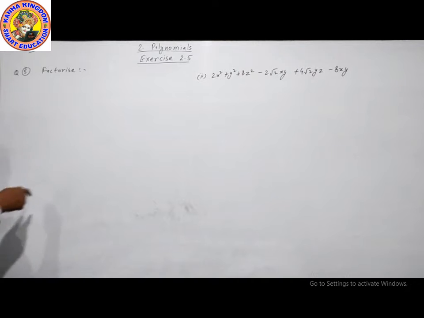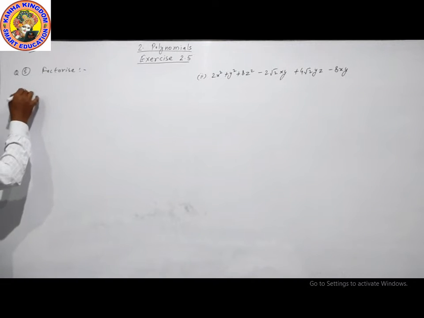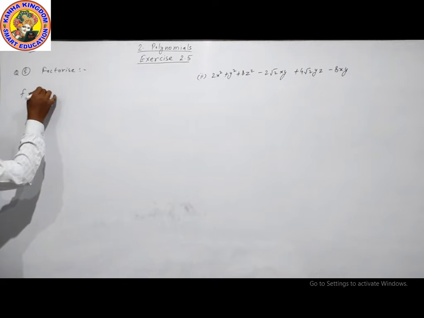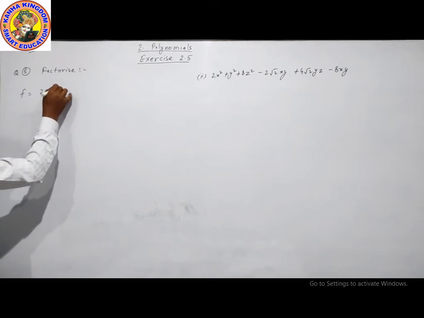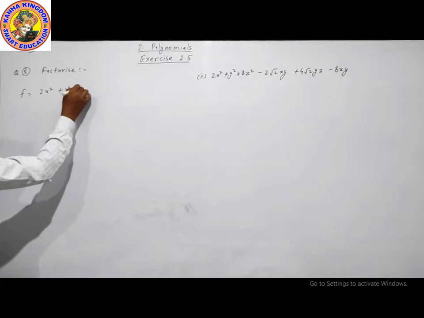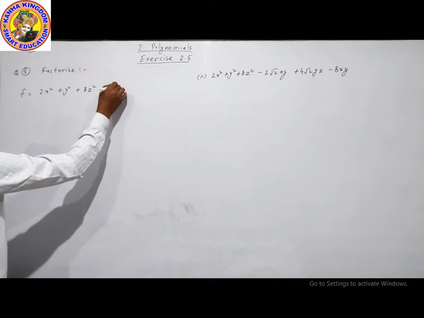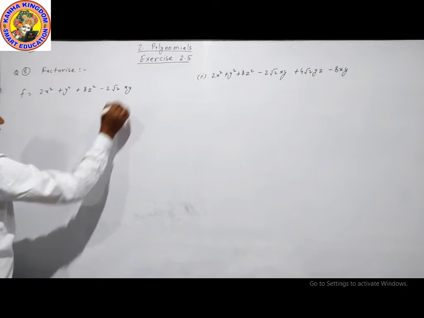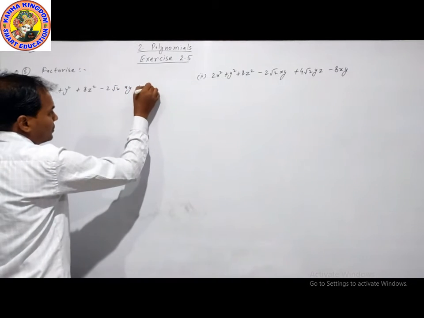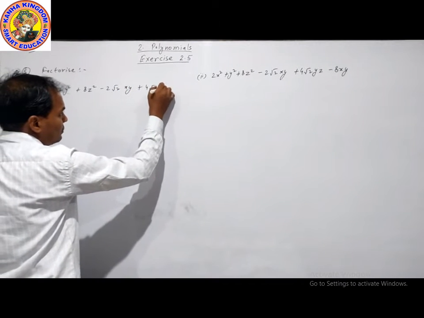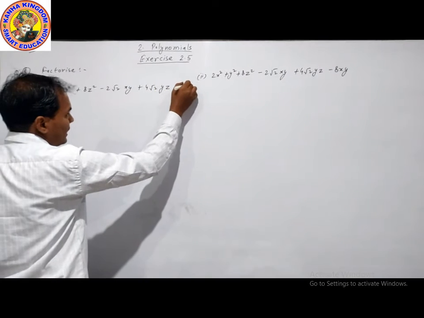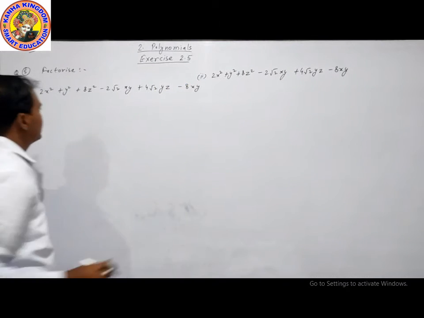Our next part is part number 2. The given equation is 2x square plus y square plus 8z square minus 2 root 2 xy, 4 root 2 yz minus 8xz.